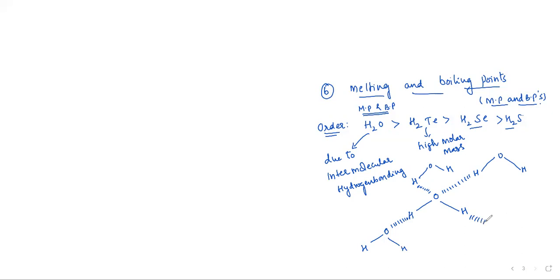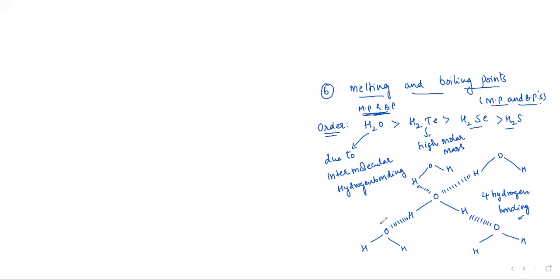This hydrogen also can form hydrogen bonding with the oxygen of a nearby water molecule. Like that, one oxygen in a water molecule can form 4 hydrogen bonds. So due to that, the extent of hydrogen bonding is very high in water, and because of that, the melting point and boiling point are very high.